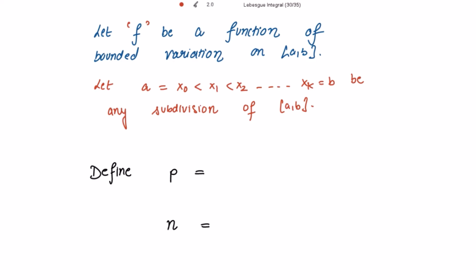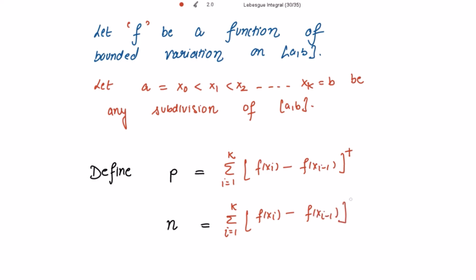Now we need to define the positive variation p to be the summation of f(xi) minus f(xi-1), because it is the positive variation, so I am using the positive sign here, and i goes from 1 to k. And for the negative variation n, the summation is on the same f(xi) minus f(xi-1), and because it is a negative variation, I am using a negative sign here.